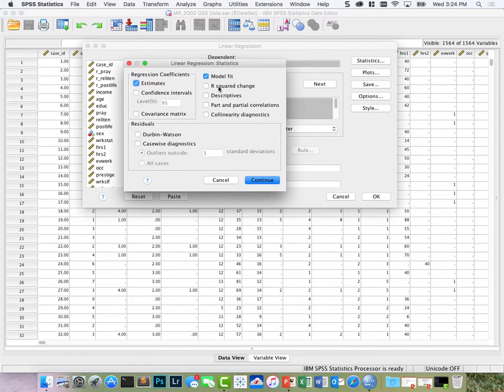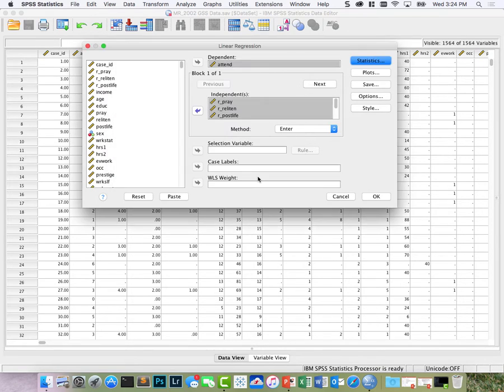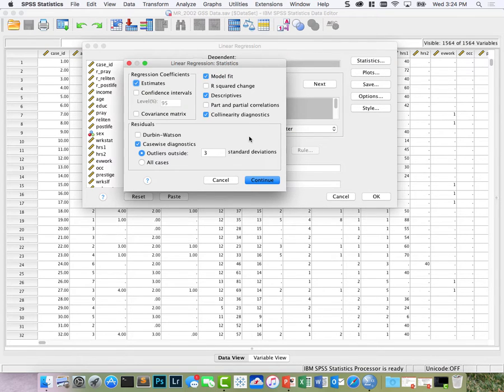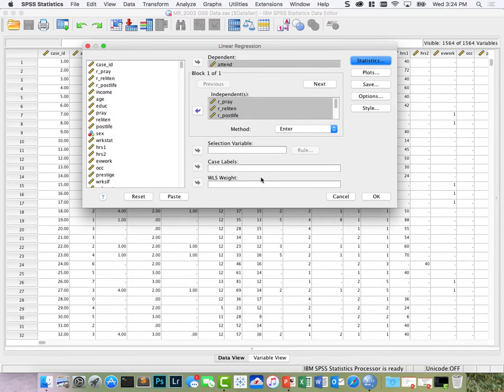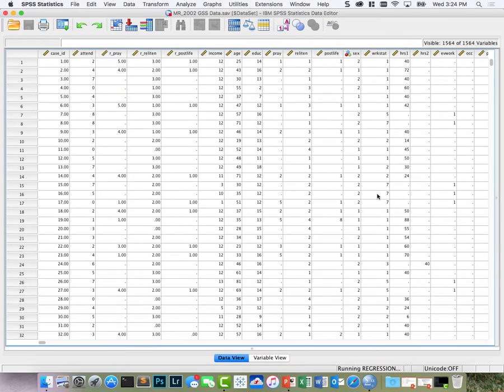I'm going to ask for some statistics: descriptive statistics, and we'll get collinearity diagnostics. What else do we ask for here? You can do R squared change if you take out one of the variables. We can add that. We won't need it yet because everything is in a single block, but we'll have it for later.